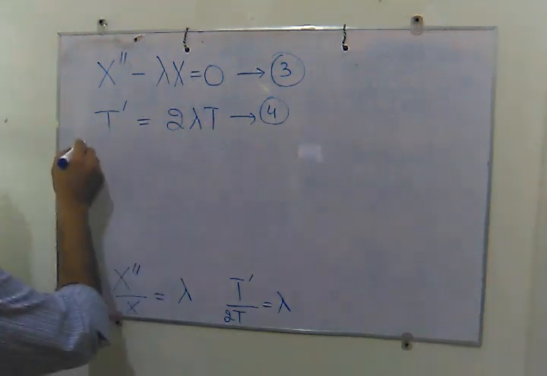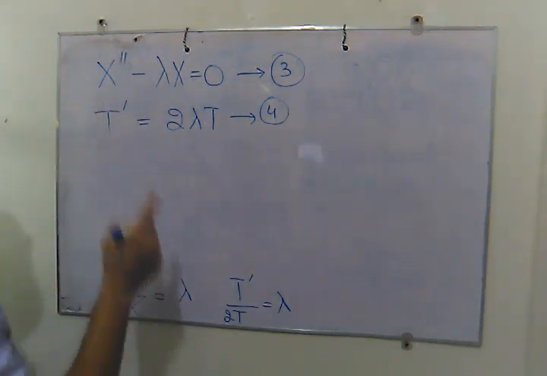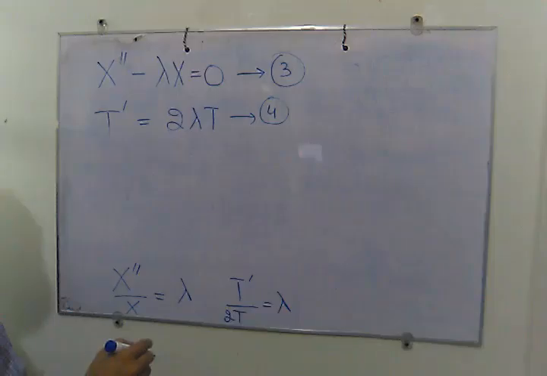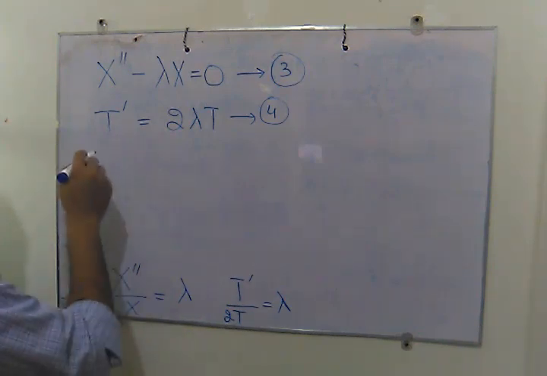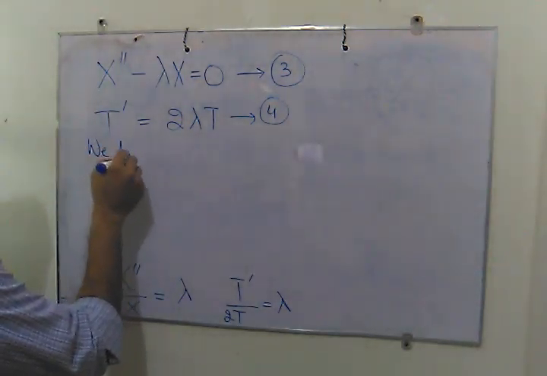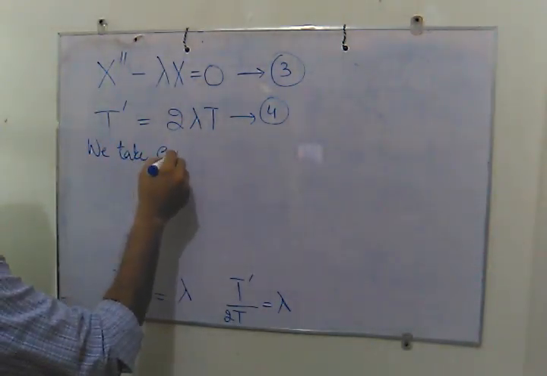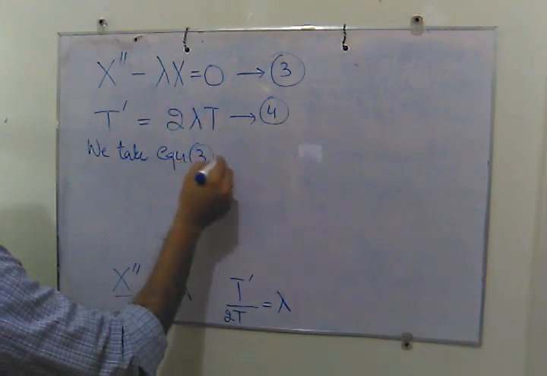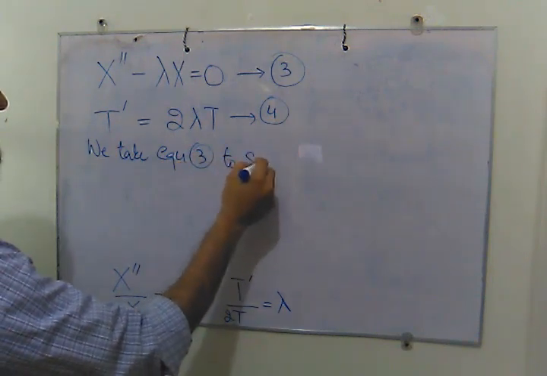First we solve equation number 3, which is a second order linear homogeneous differential equation which has 3 solutions based on the value of lambda, whether lambda is equal to 0, or lambda is greater than 0, or lambda is less than 0. So we take equation 3 first to solve.